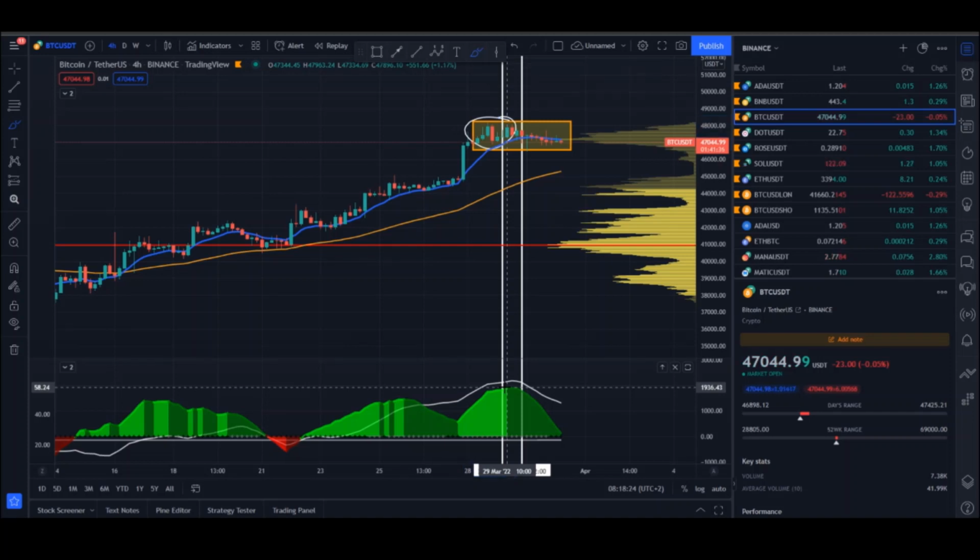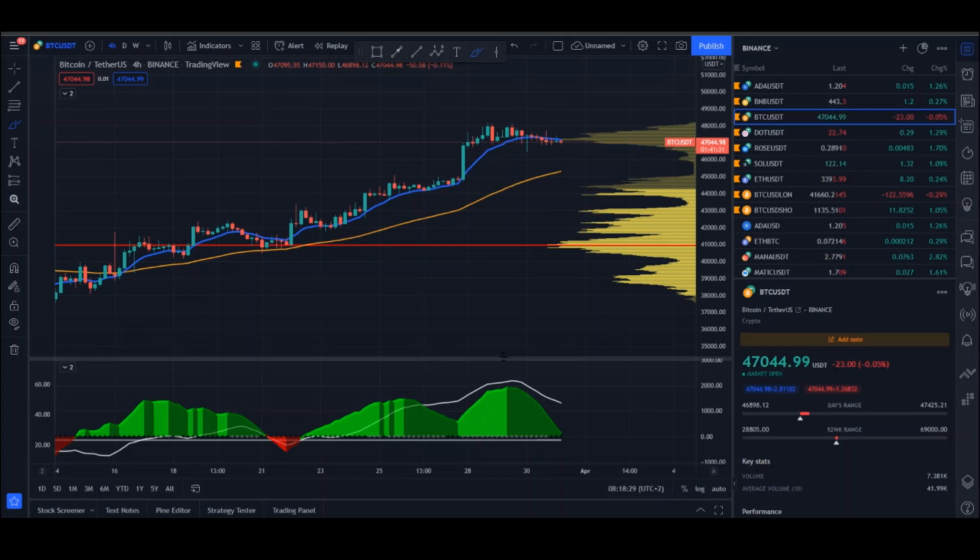You only can confirm a new pattern or a new movement when the pattern is confirmed, okay?